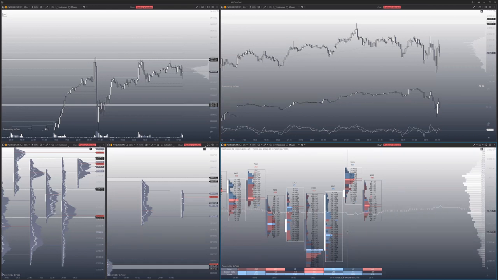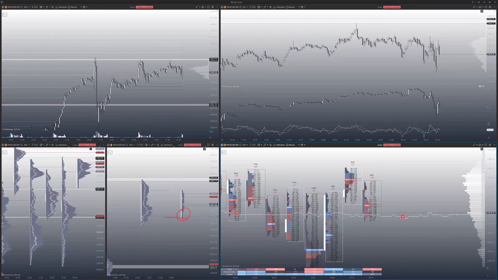So let's see. Maybe it gives me one setup, but it's risky. It's a risky setup, but I'm looking for it because if it closes, we have a buying tail.